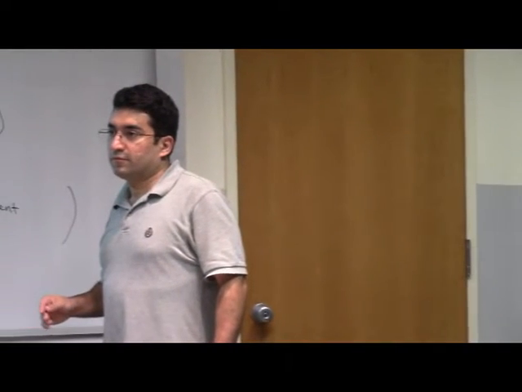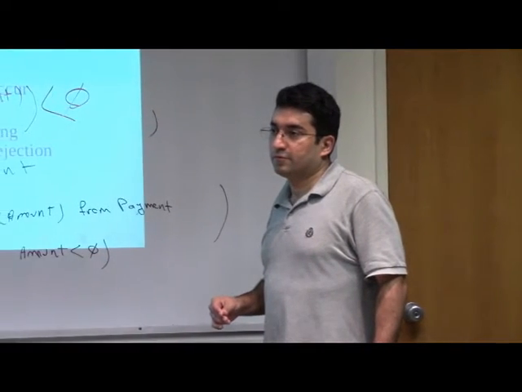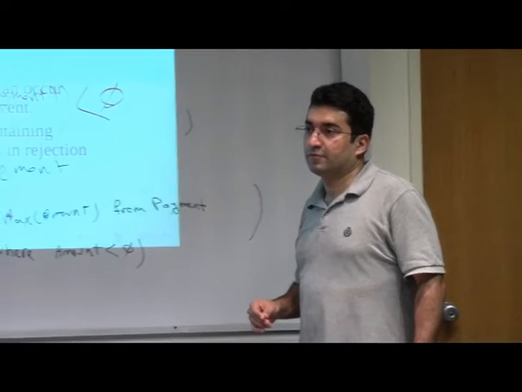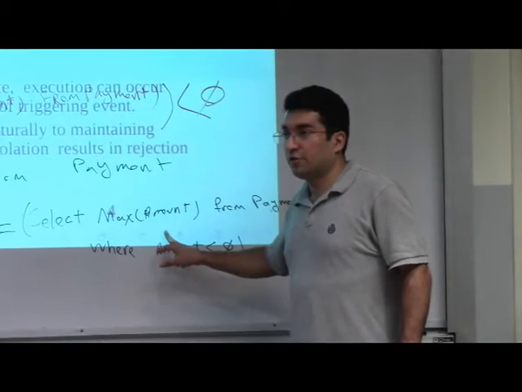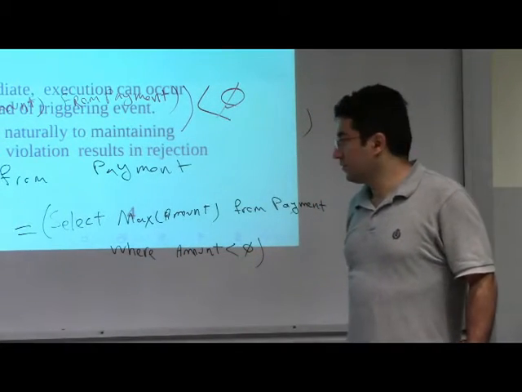Instead of that query, can you write select min of amount from payment directly? It will select the lowest amount anyway. If -1 and -2 are there, it will select -2. No, because this is the maximum, less than 0.